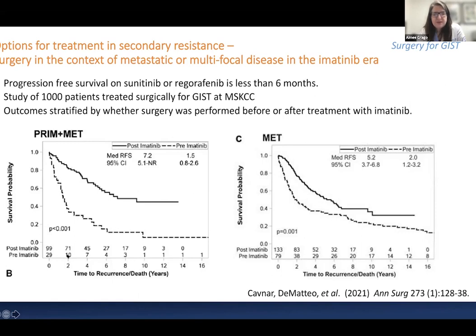So whereas at 2 years after surgical resection before imatinib, again, over 50% of patients had died from their disease. Now, when we choose to do surgery for patients with metastatic disease who are being treated with imatinib, we can control the disease, and patients are still alive in 80% of cases after 2 years.